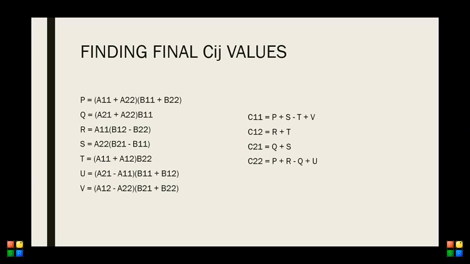I hope it helps you somehow, in some way, to write these formulae in your examination and to solve Strassen's matrix multiplication problems or sub problems without referring to the book for the formula. I would suggest you write these formulas first on a paper before you solve.